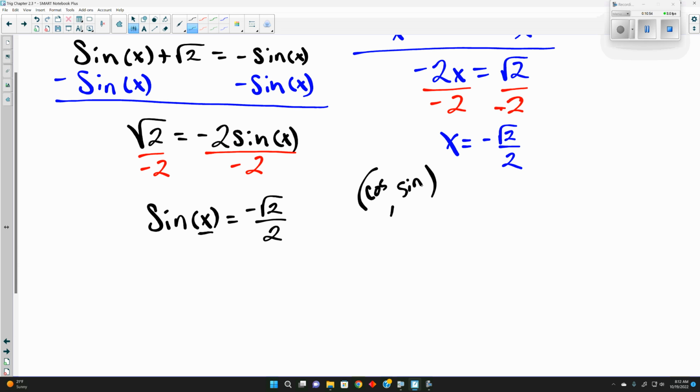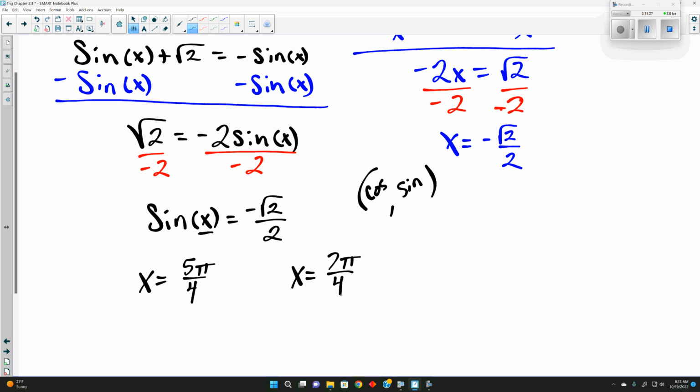So if I look at all the y values, well, it shows up at 5 pi over 4. Because at 5 pi over 4, we have a y value of negative square root 2 over 2, yes? And if I keep going around, we also have a value at 7 pi over 4, yes?